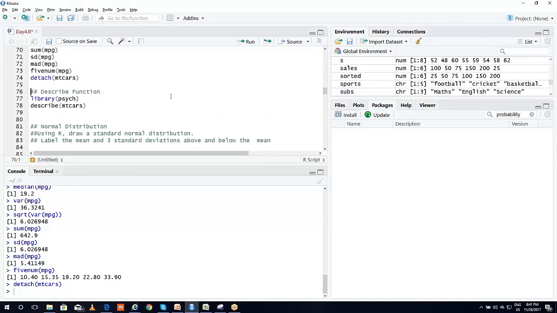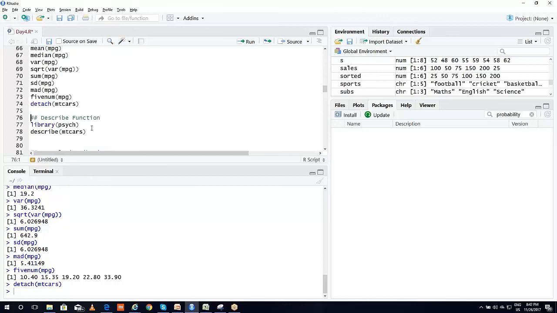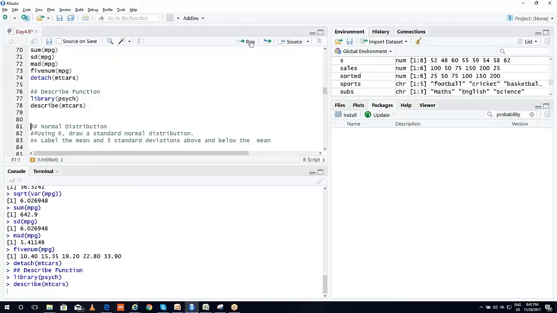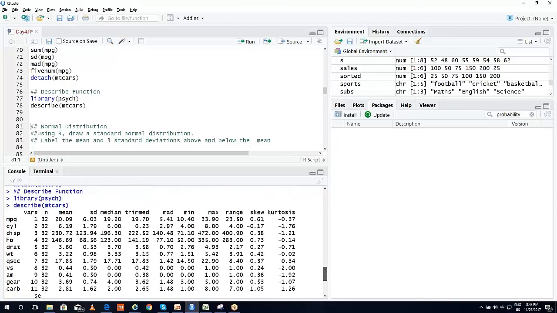What we have done is separately executed each of these functions, max, min, mean, everything. But in case you want to get it in one shot by executing a single command, you just need to say describe mtcars and it pulls everything for you here.